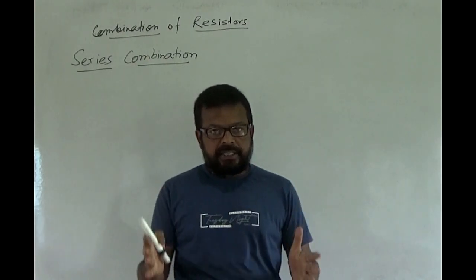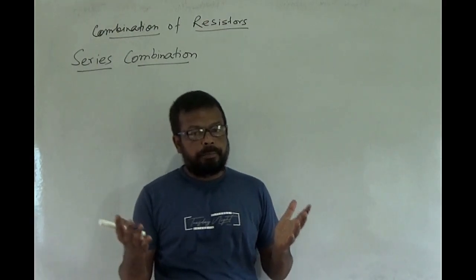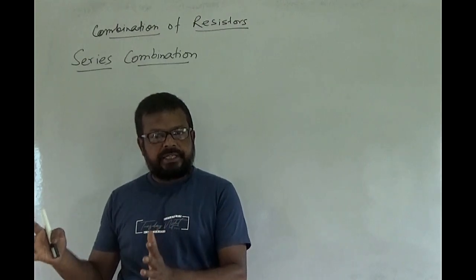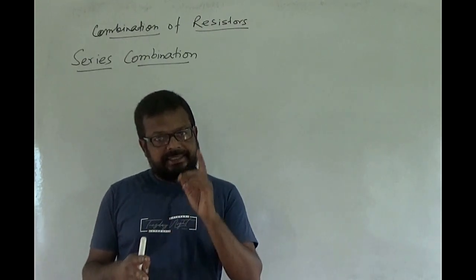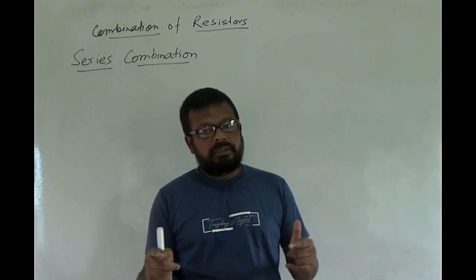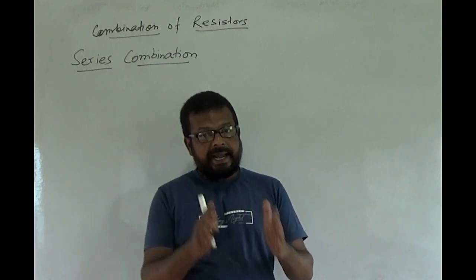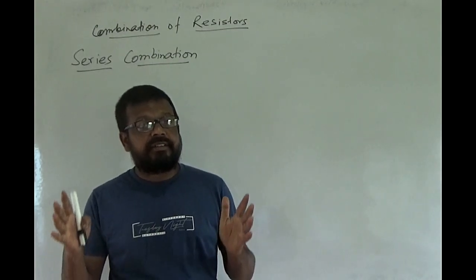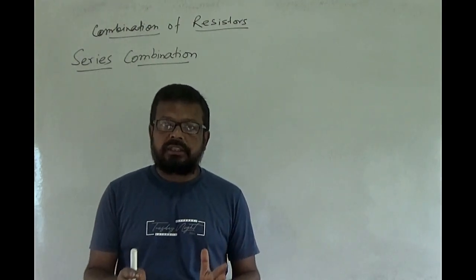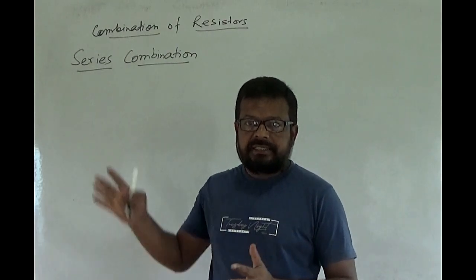If we replace the combination of resistances, whether it is series, or a complex combination, or a mix of series and parallel combination, by a single resistor, and that single resistor draws the same current as the combination when the same potential difference is applied as across the combination, then that single resistor is called the effective resistor of the combination, and its resistance is called the equivalent resistance or effective resistance of the combination. Now we are going to discuss the series combination.